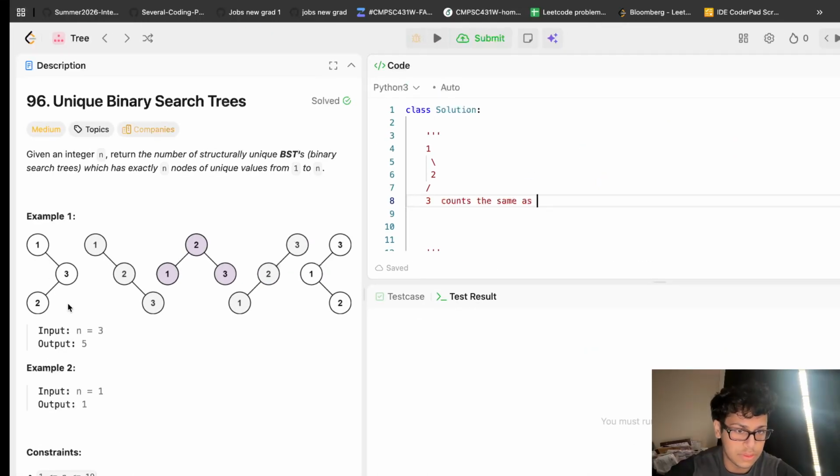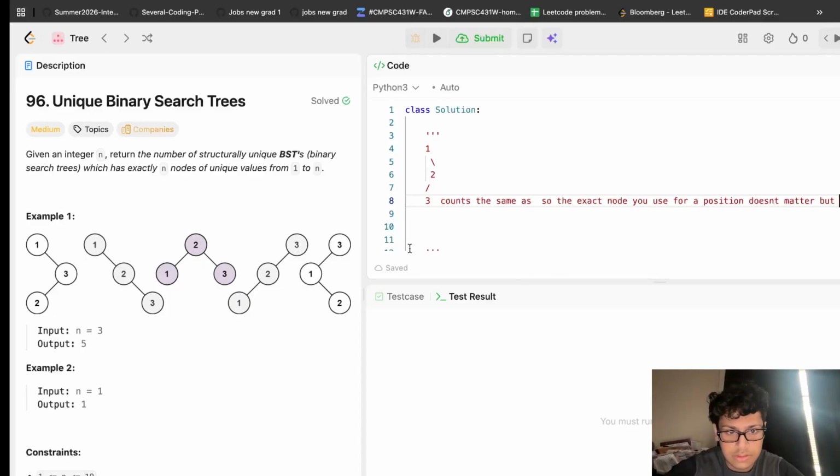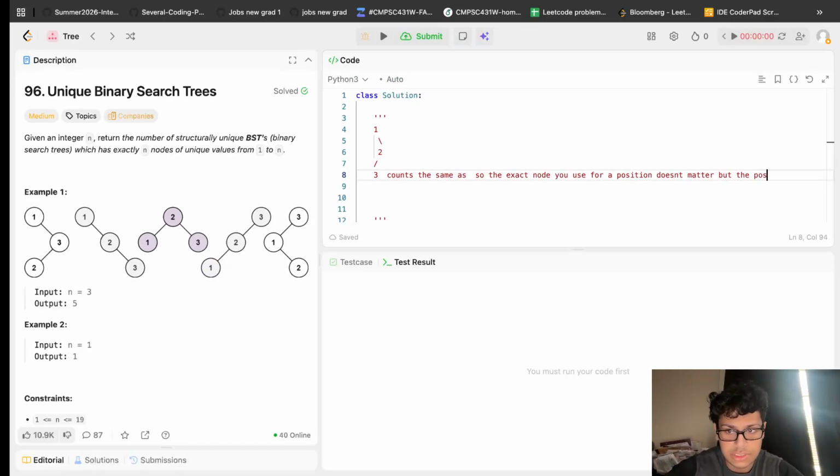Right here you see 1, 3, 2, right? So I noticed that the exact node you use for a position doesn't matter, but the positions you use up do matter.